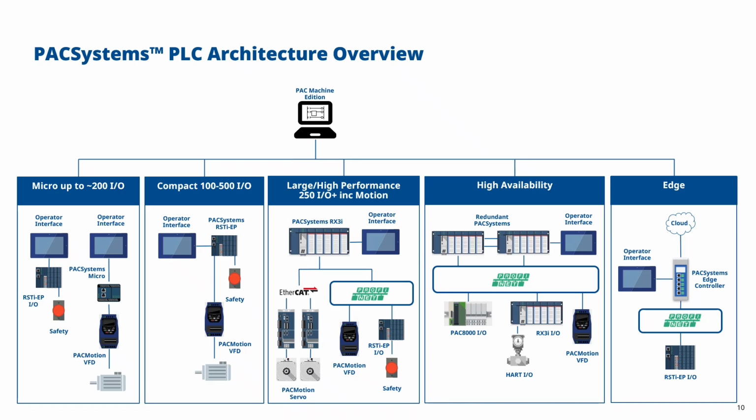All the devices have built-in switches, so we don't need external switches, but the idea of adding a single extra network cable from the first device back to the last device, that gives us additional fault tolerance using the media redundancy protocol. So for these high availability systems, it could be RSTi-EP I/O. Maybe you need HART integration, which is where RSTi I/O would come in. And maybe it's a process control application, so maybe this is where you might consider PAC 8000 I/O.